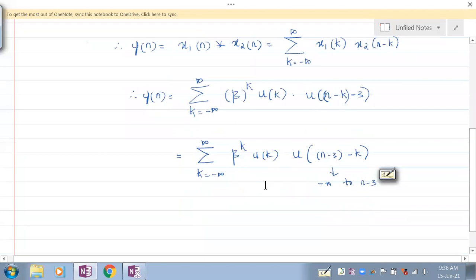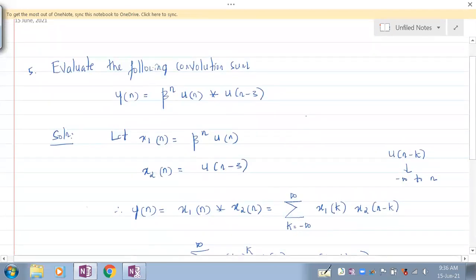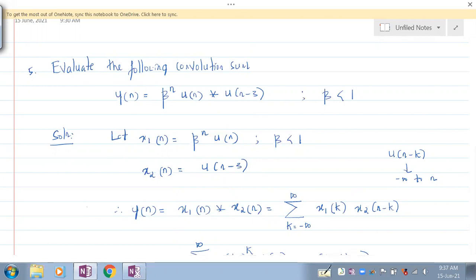And what is this beta? I forgot to give you one piece of information here. Everybody, take down this. In this, beta is given to be less than 1. This is very important actually. If you don't read that beta is less than 1 in this particular signal, the output will not be able to be written.